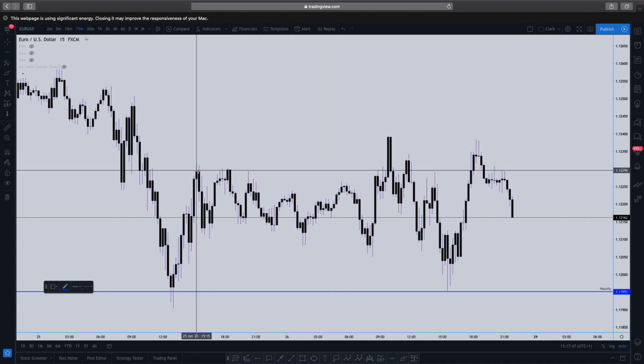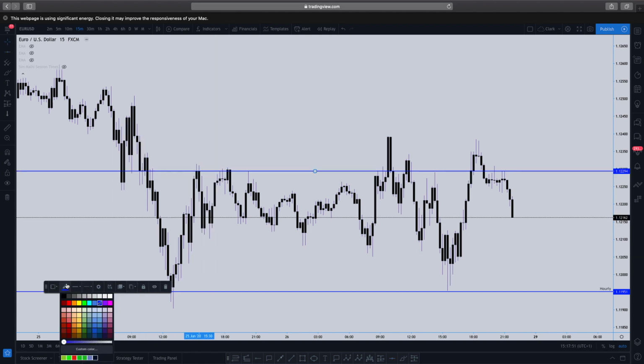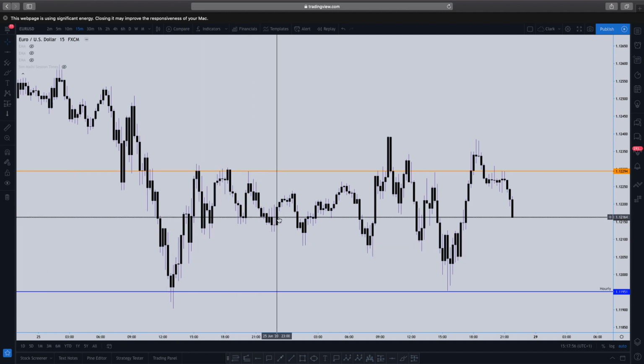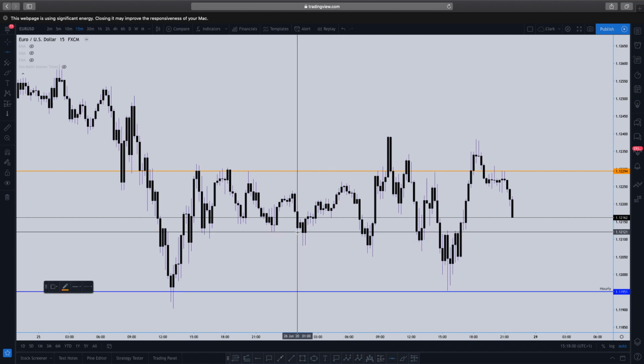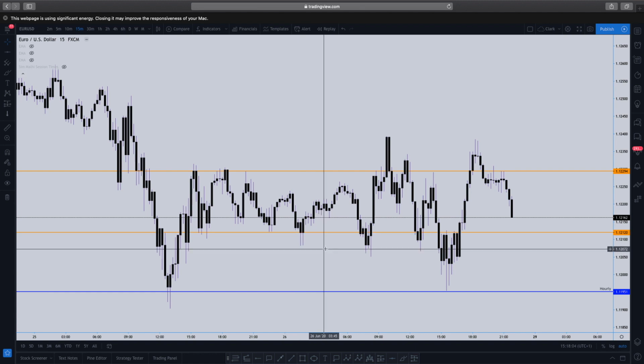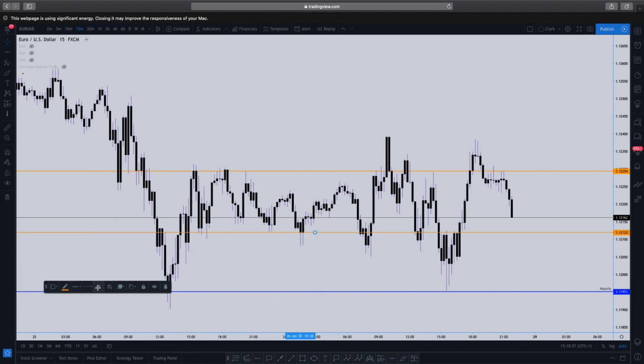So we have a nice resistance here on the 15-minute. Let's change this to orange. And then we have a nice level here. And let's label.